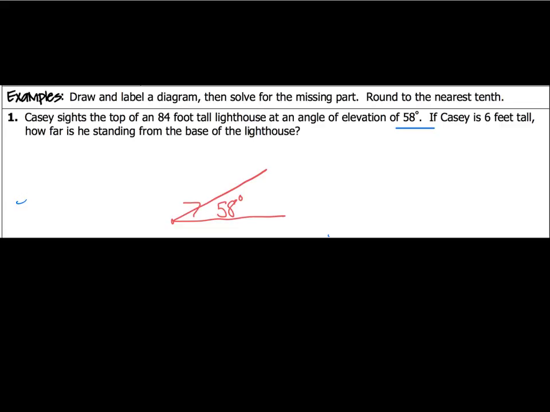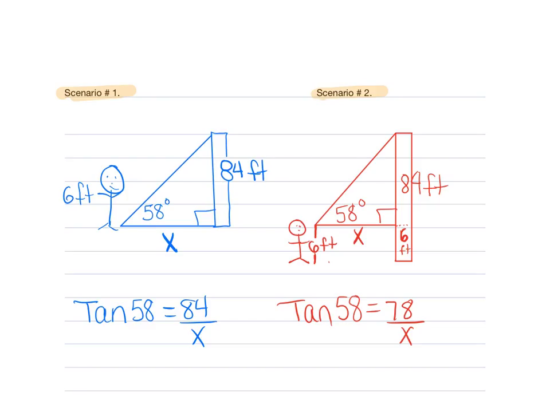If Casey is 6 feet tall, how far is he standing from the base of the lighthouse? So we have 6 feet and we have an 80-foot tall lighthouse. I don't know how to close this triangle up because I have a 6-foot tall person and an 80-foot tall lighthouse. So let's take a look at this picture, and I want you to decide which one represents the diagram.